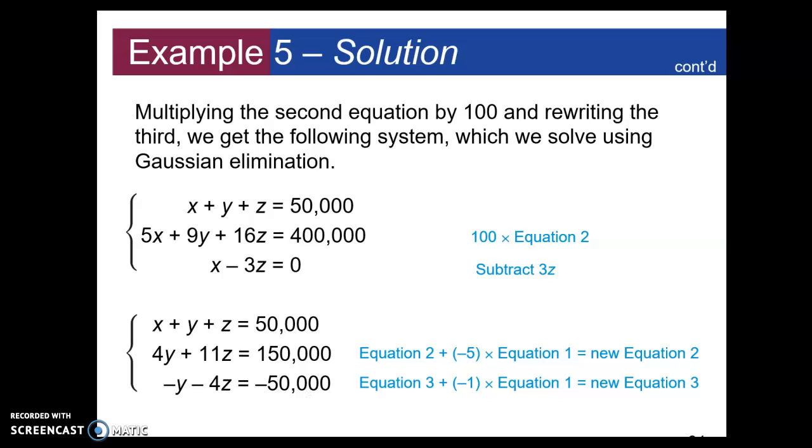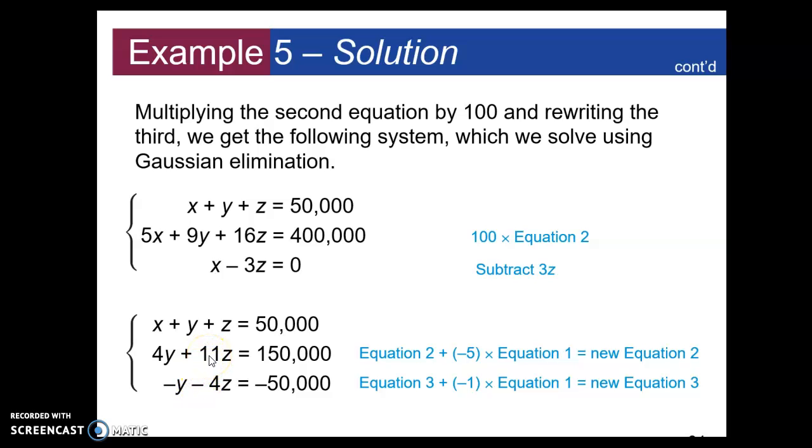Now I have one more step to my Gaussian method of elimination, and that is to combine equation 2 with equation 3 such that I eliminate the y in equation 3. Well, if I multiply everything in equation 3 by +4 and add it to equation 2, I'll have 4y plus -4y is 0.